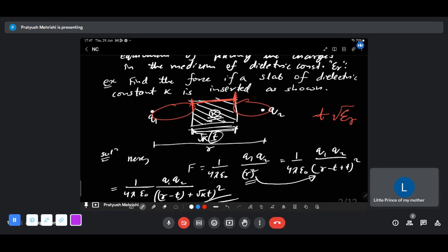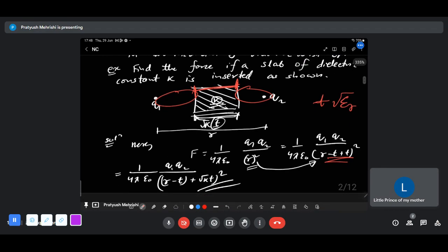So total distance, first we wrote it as r minus t plus t, whole square. Now we can write like this, because t is nothing but under root kt.